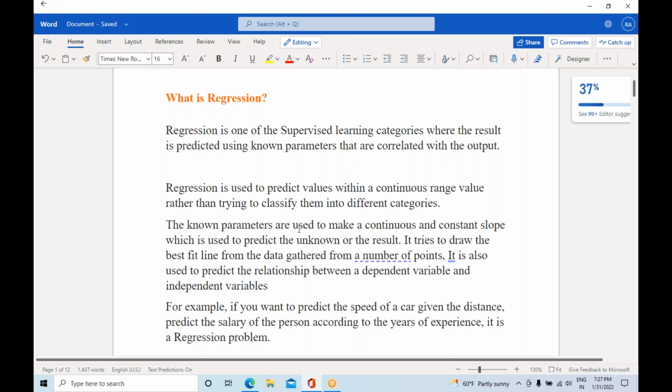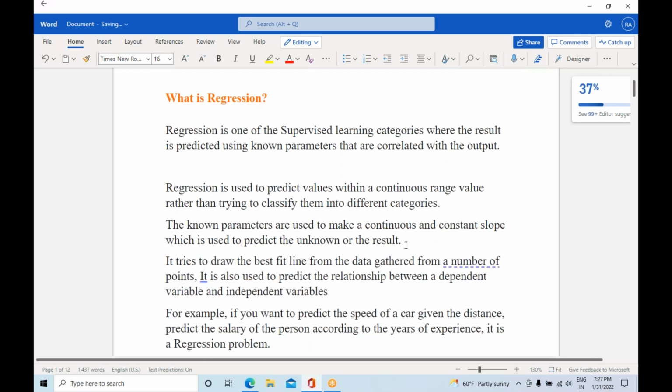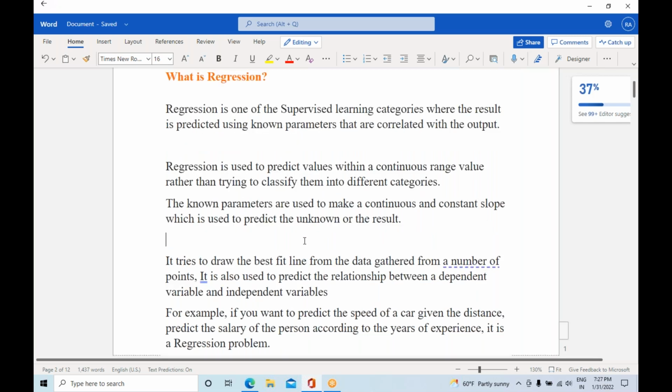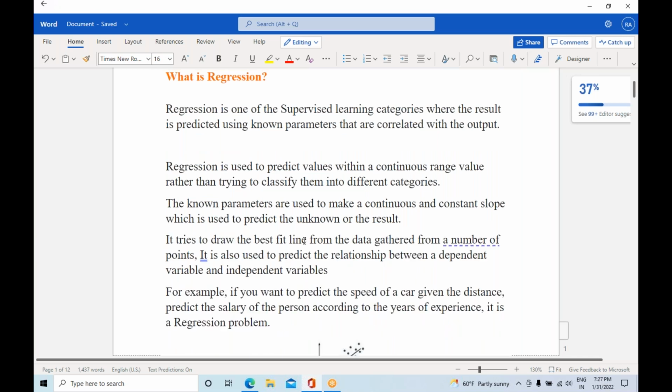The known parameters are used to make a continuous or constant slope which is used to predict the unknown result. You might not know what exactly your result is, so you can predict your unknown result with the help of your known parameters.